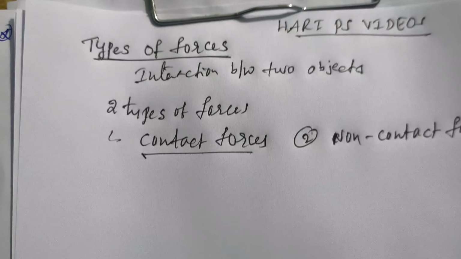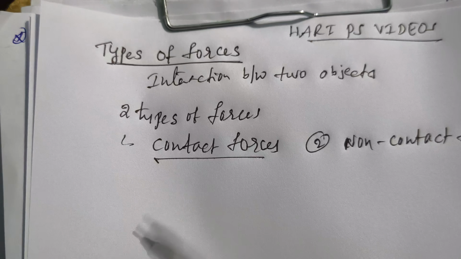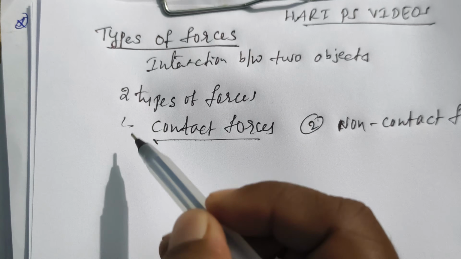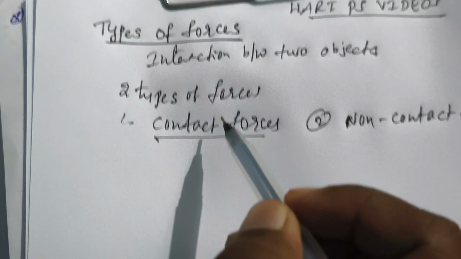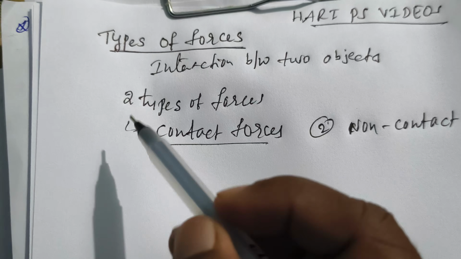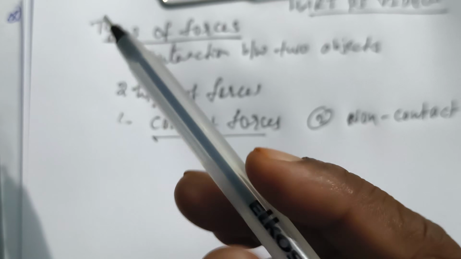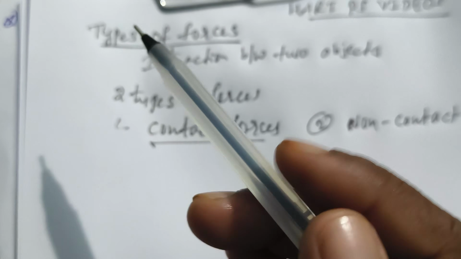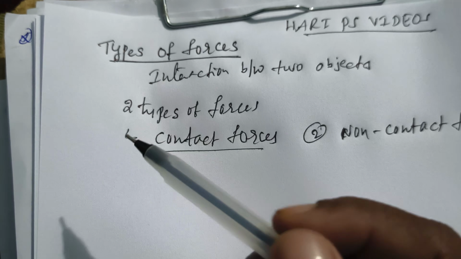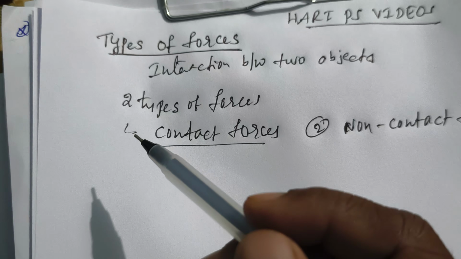Contact forces means, see here, I am able to write with my pen because there is contact between my pen and my fingers. Without contact, I am unable to write.